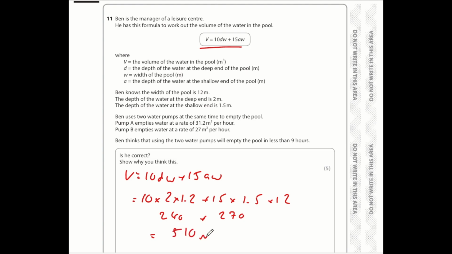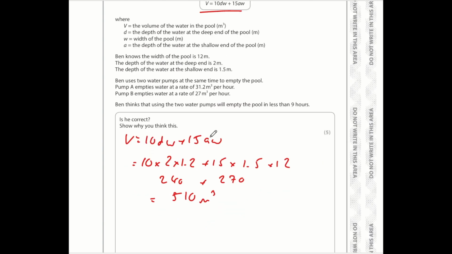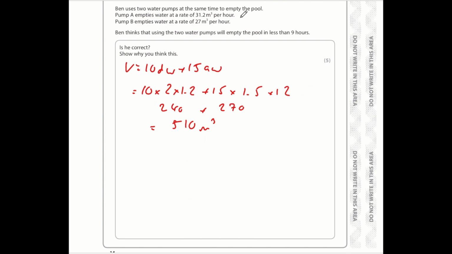and that comes to a grand total of 510 cubic meters. So there are 2 pumps that are getting rid of the water at this rate. So if we combine the 2 pumps together, then we can work out how much water is being cleared per hour. It's 31.2 plus 27, and that is 58.2 cubic meters per hour.